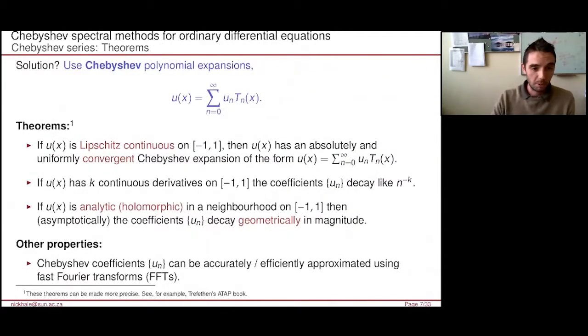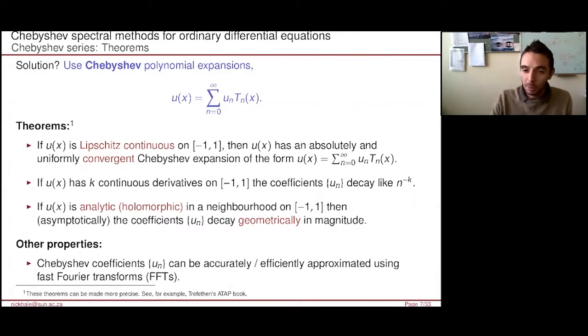Okay, so these are Chebyshev polynomials. What are Chebyshev series? Well, we want to approximate our underlying unknown solution u as a linear combination of these guys. That's the Chebyshev series. I don't want to go into too many details, but there are some theorems which tell us how well this series behaves. And it turns out that the convergence requirements to have a convergent series are much less strict than, say, the power series that we would need for the power series solution.